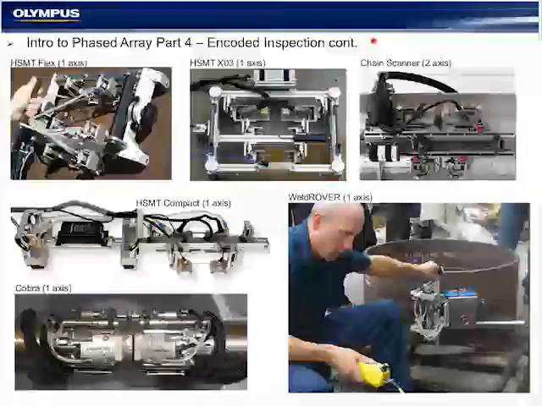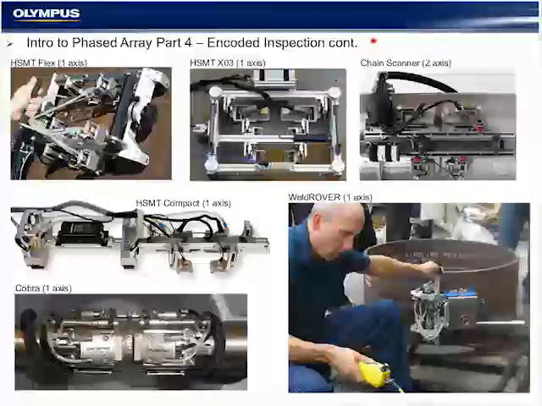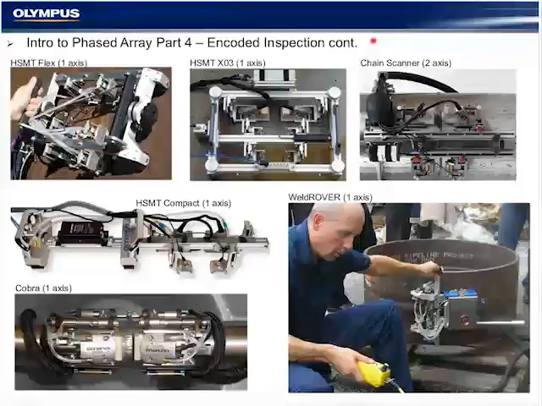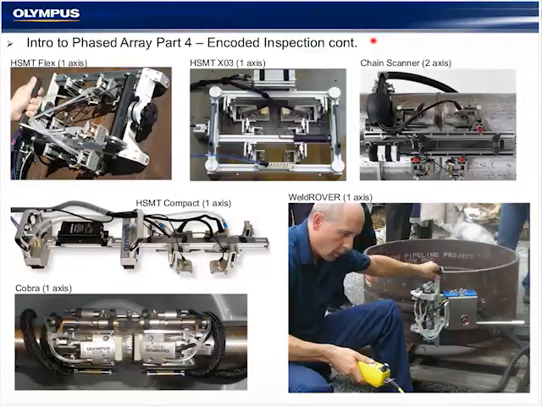And again, the best of the scanners are designed and set up for a single axis or one component. All of the scanners can be repositioned, reconfigured. The probes can be moved in several different positions and orientations. Some allow the wheels to be rotated, like the X03 for parallel scanning alongside the weld.